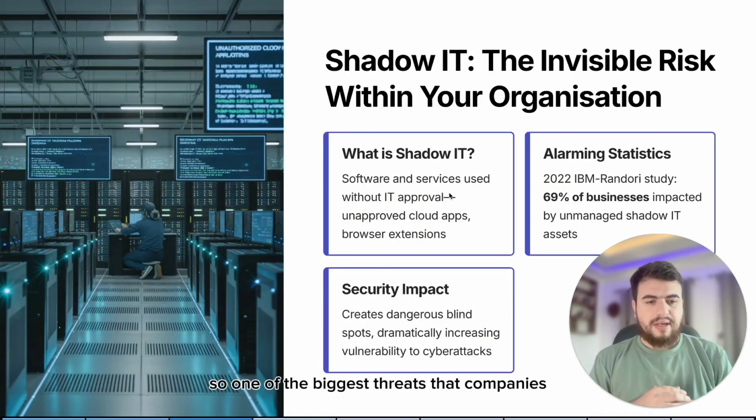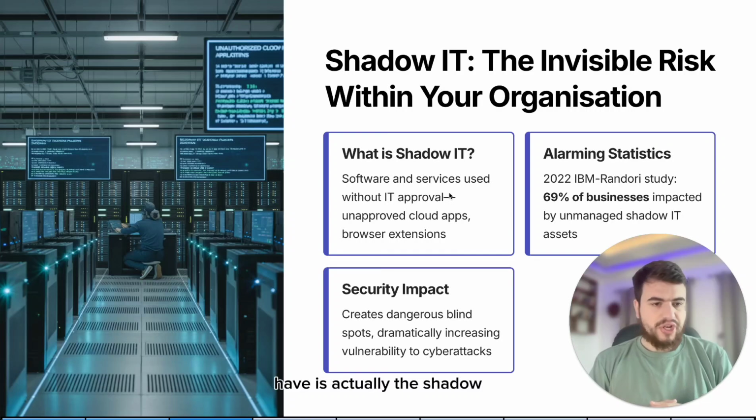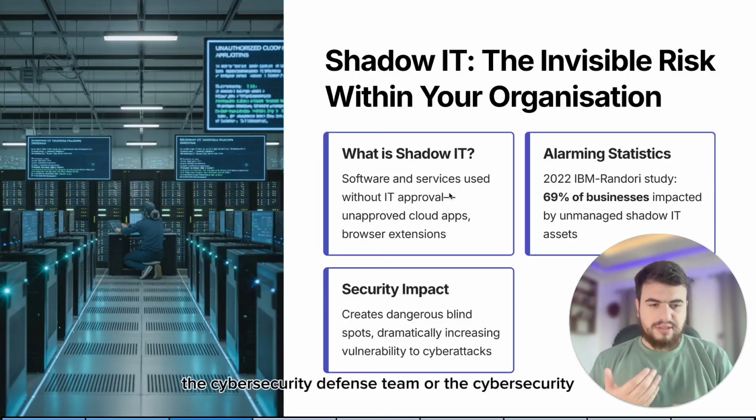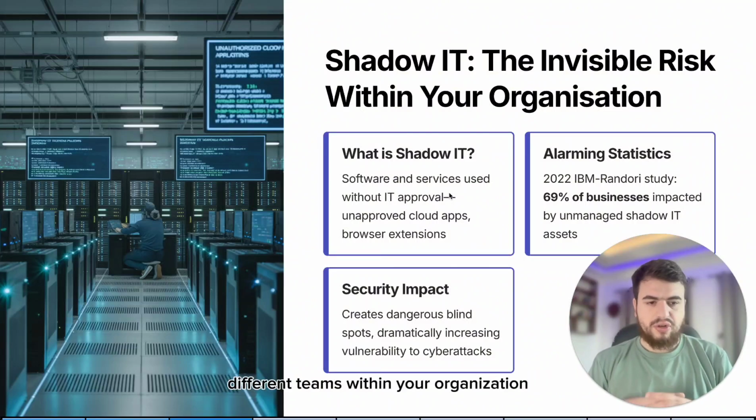What's the benefit of running attack surface management within your organization? One of the biggest threats that companies have is shadow IT assets. When I say shadow IT assets, I mean assets that are used and implemented within the organization without approval, without going through the vetting process, or without being examined by the cybersecurity defense team or the different cybersecurity teams within your organization.